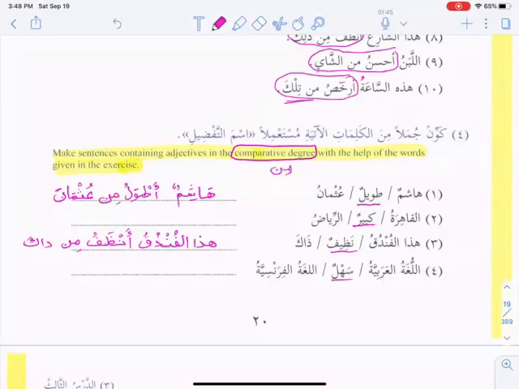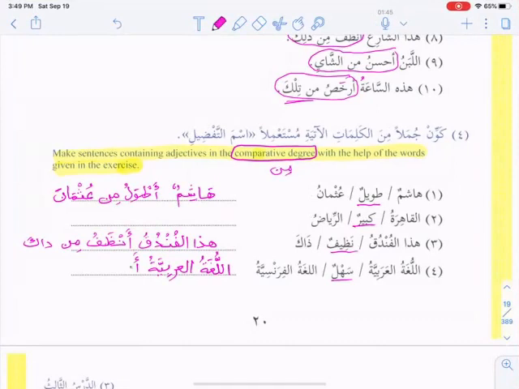This is my favorite sentence, my brother. Maybe I should write. Al-Lughatul Arabiyatu. Mubtada, naat.